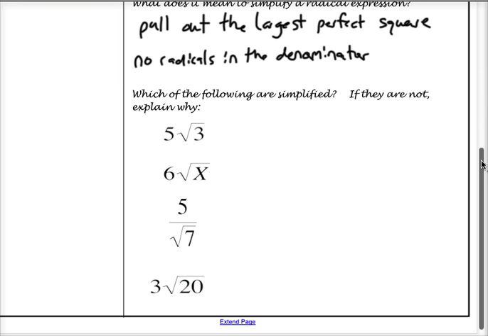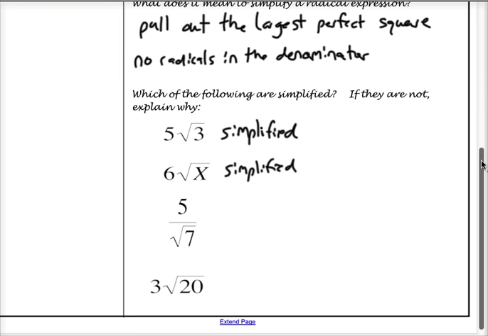So this one is simplified. That one's already good to go. 6 square roots of x. Well, no perfect square pulls out of x, because remember, for a variable to be a perfect square, that means it actually has an even exponent. And there's no radical in the denominator, so this one is simplified as well.